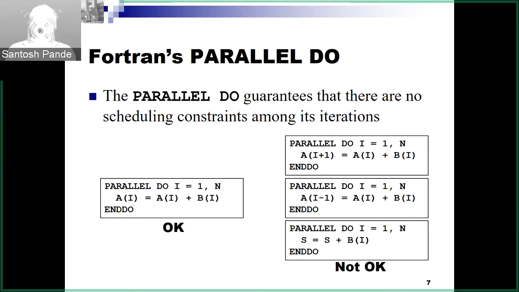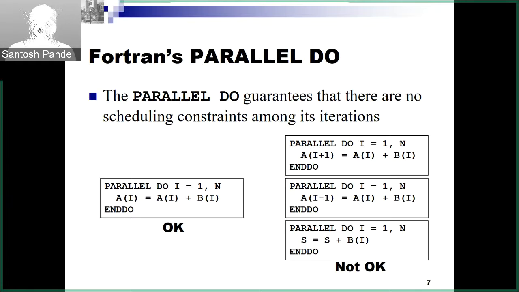So this is a case of flow dependence. In the original loop, you generate A of 6 in iteration 5 as a new value, and in iteration 6, the next iteration, you use that newly generated value on the right-hand side, and that has to be preserved, so 5 and 6 cannot go in parallel.